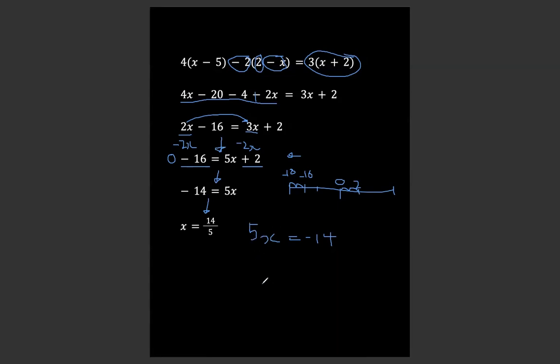The best way to do that is to simply divide both sides by 5. So here, 5 by 5 cancels out, you just have x. And here, you have 5, but you can't really cancel it out with 14. This is not divisible. But remember, this minus sign is still here, so the answer is -14 over 5.